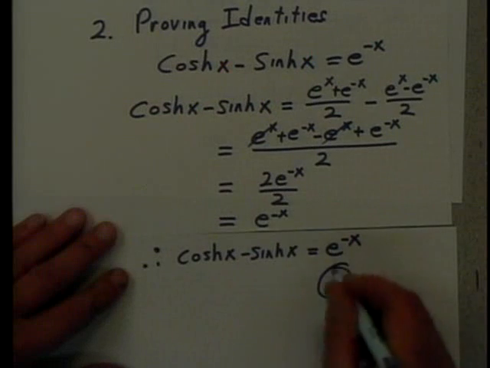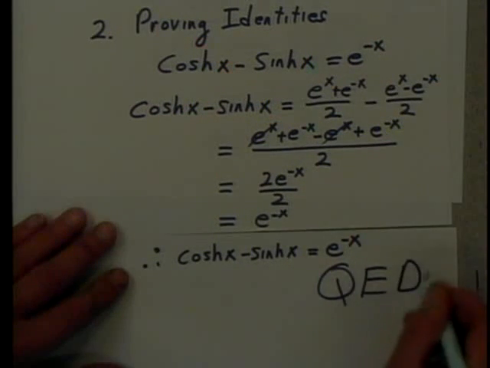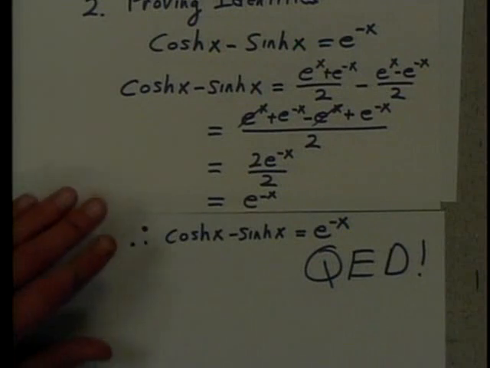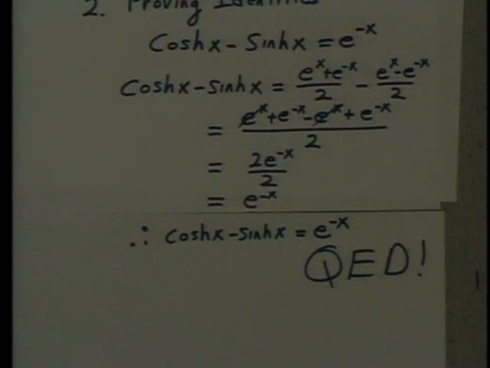And if you want to put a little flourish on it, you can do that. What is that? That which was to be shown. Quod erat demonstrandum. That which was to be shown. If you're proud of your proof, you write that at the end. Okay?